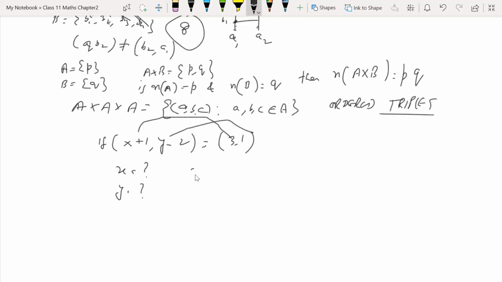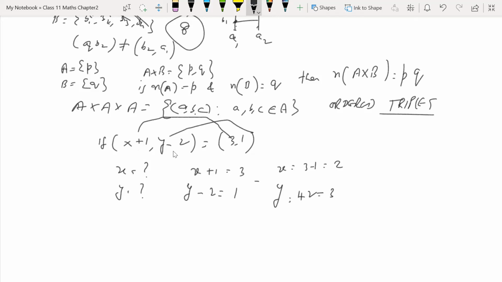Then x plus 1 is equal to 3, y minus 2 is equal to 1, and x is equal to 3 minus 1, that is 2, y is equal to 1 plus 2, which is 3. We reach the conclusion that x is 2 and y is 3.